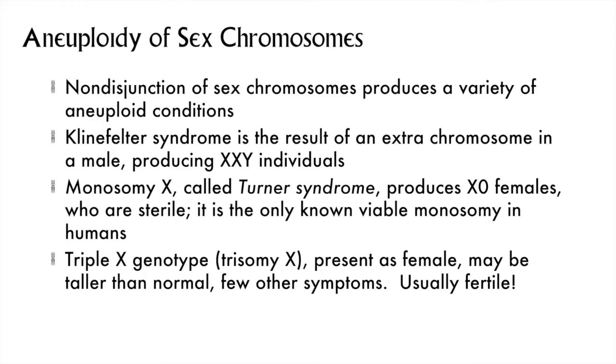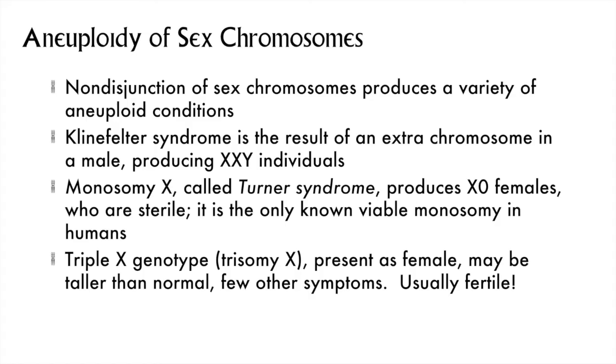However, they don't have any outward symptoms, which, given what we know about X chromosomes, makes sense. Any human, male or female, only requires one functional X chromosome to survive, and Turner syndrome is the only viable human monosomy. Trisomy X, or triple X, also yields an anatomical female.